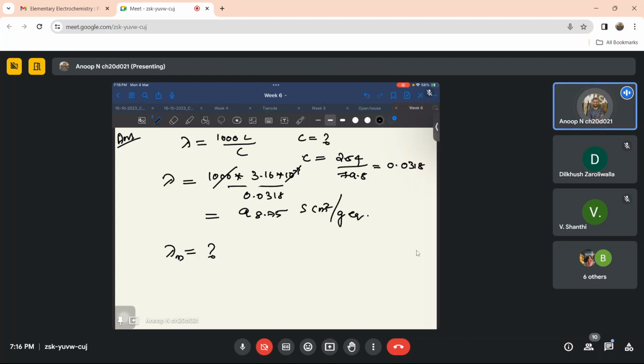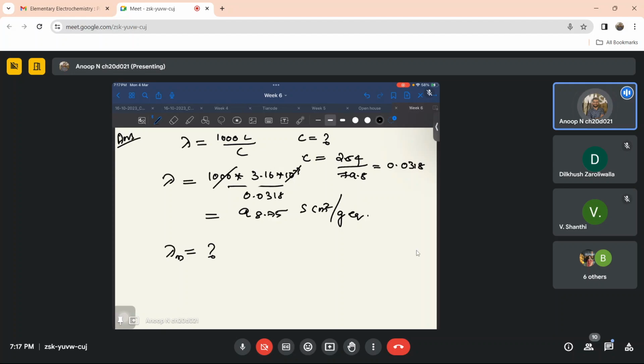So what will be the value of molar conductivity? How will you calculate it?